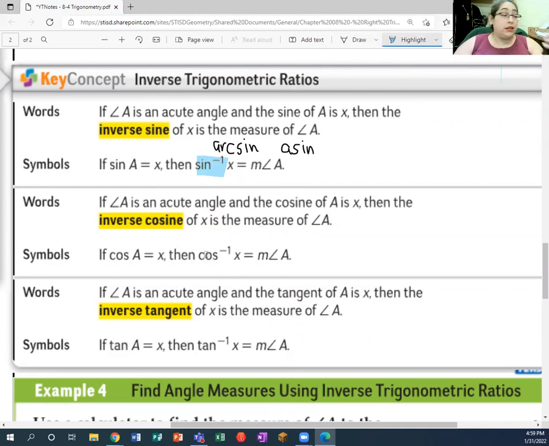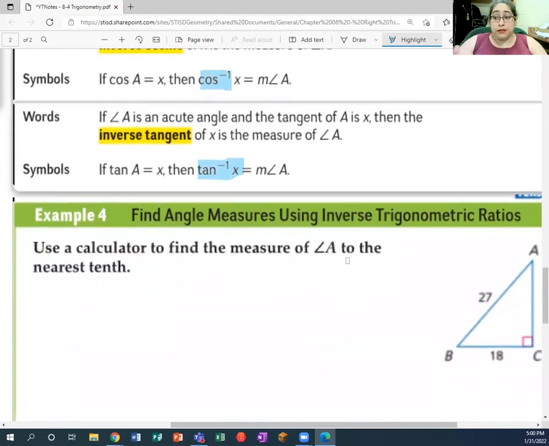Your classroom calculators, I think, will just keep it as inverse sine, that is sine to the -1, inverse cosine, cosine to the -1, inverse tangent, tangent to the -1. And you can reverse these, so you could say sine inverse or inverse sine. I'm sorry that this has a bazillion different ways to say the same thing. You'll hear me bounce back and forth between all of them.